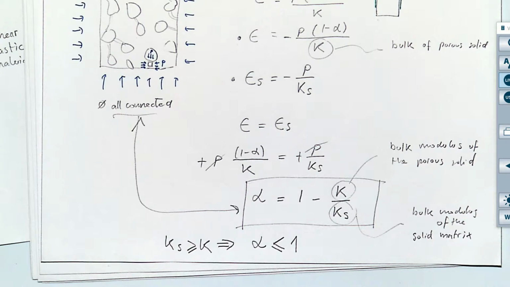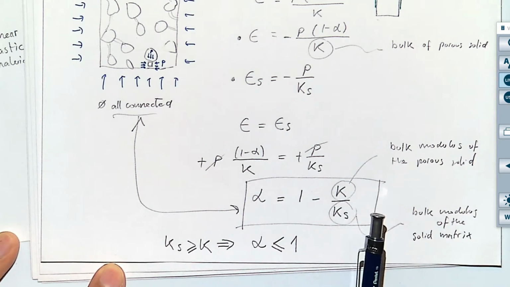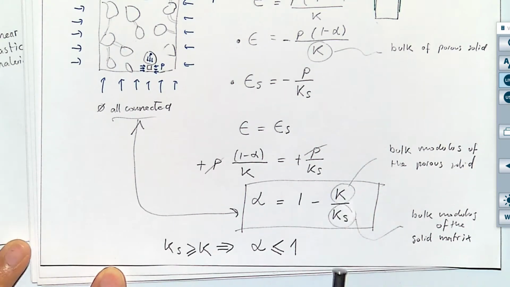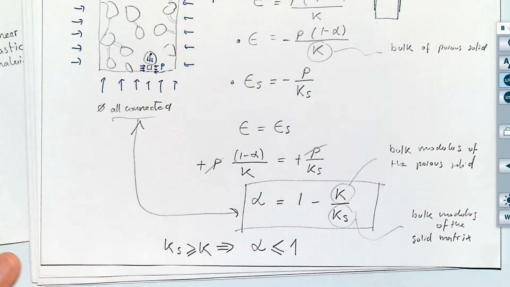Okay, all right. So the Biot coefficient for this particular case, you can calculate it with this formula. But basically, what it's telling you is the relationship between the bulk modulus of the porous solid and the bulk modulus of the solid matrix. And as we said, the lower the porosity, the lower the Biot coefficient.